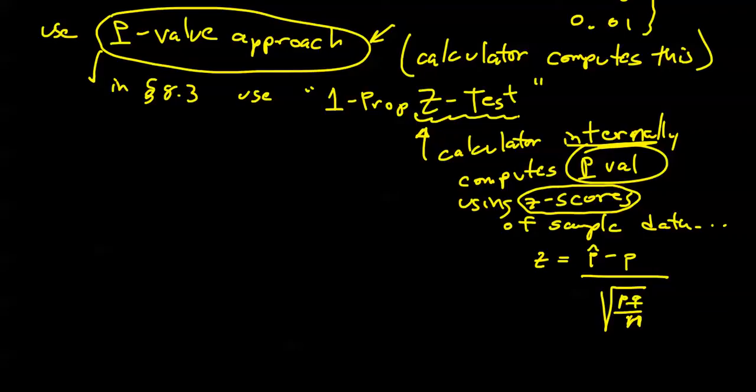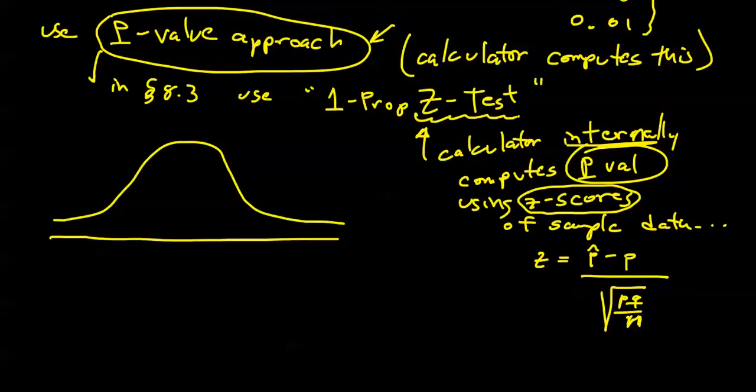Let's talk a little bit about p-value. Informally, it's the right tail area determined by the z-score of a sample proportion. If your sample proportion is in an extreme high range, this shaded area is going to be my p-value.